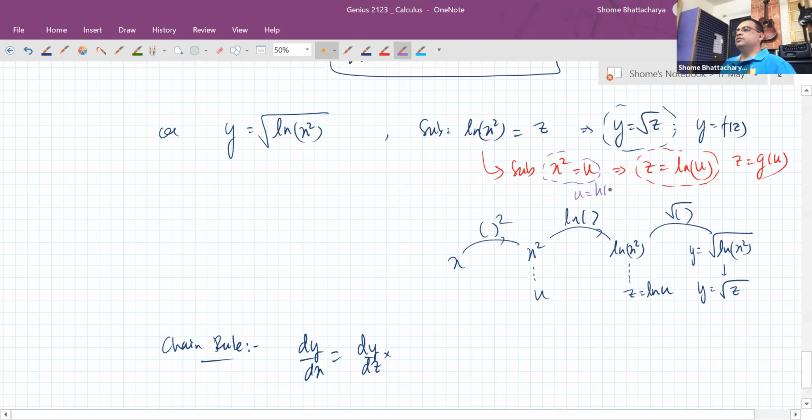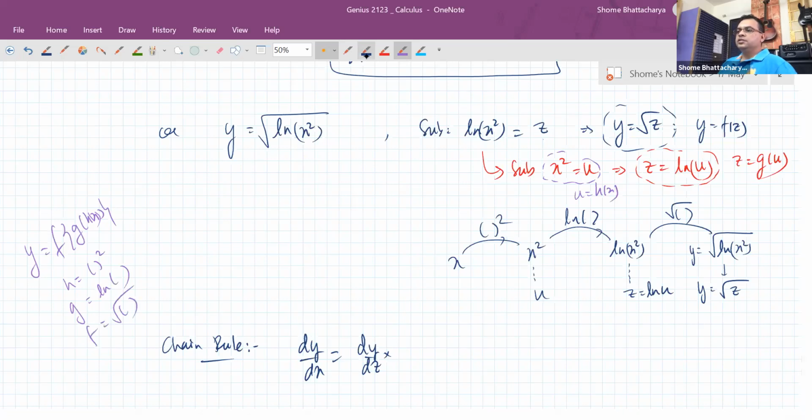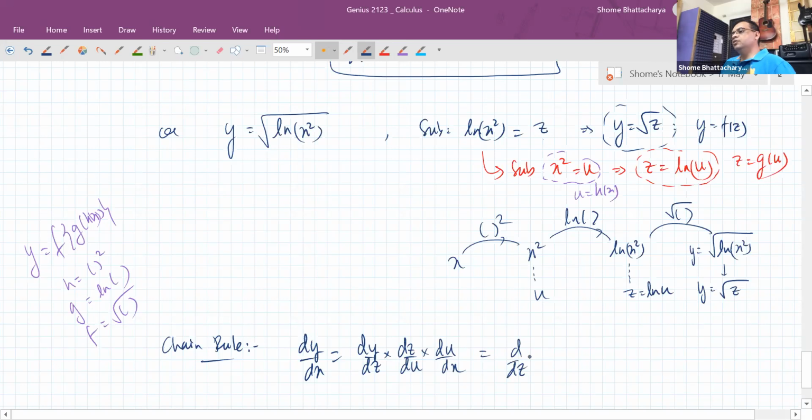So u is like h of x, and y is like f of g of h of x, where h is the square function, g is the ln function, and f is the square root function. This is a very complicated way of looking at things, but this is dy by dz into dz by du into du by dx.